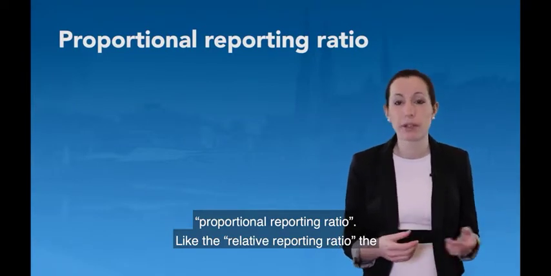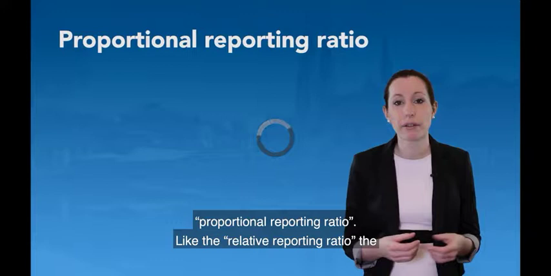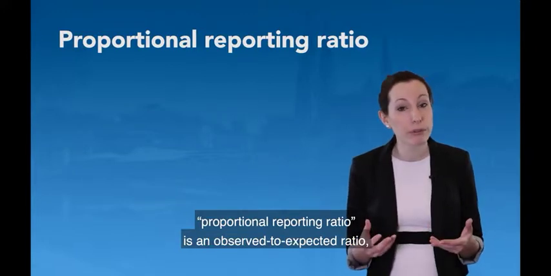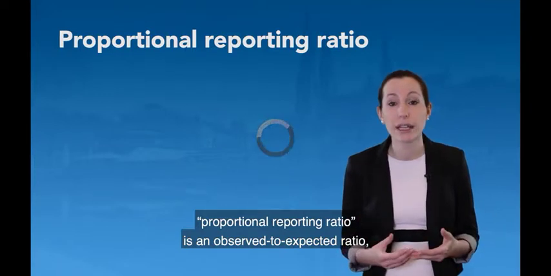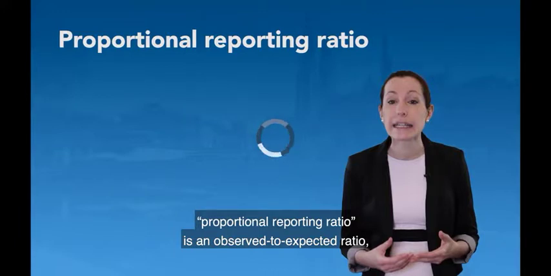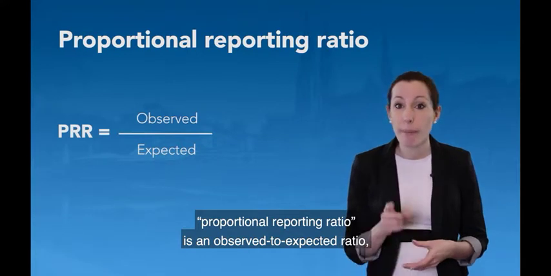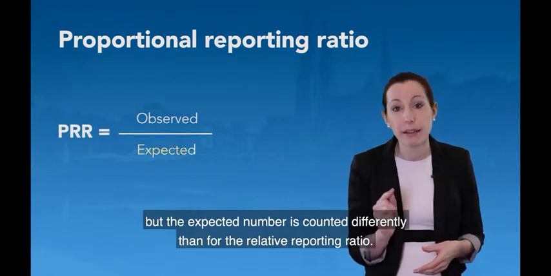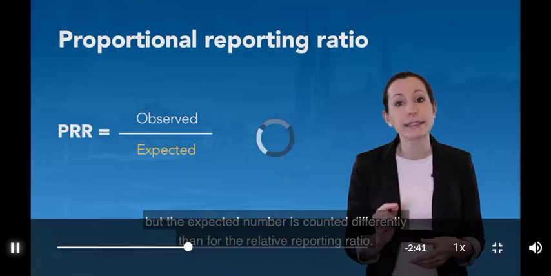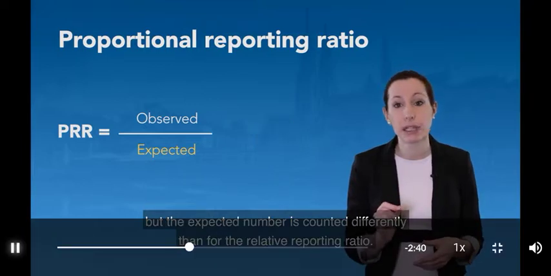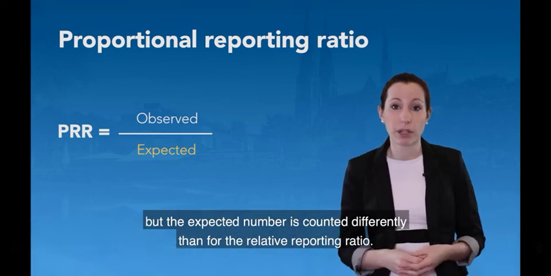Like the relative reporting ratio, the proportional reporting ratio is an observed to expected ratio, but the expected number is counted differently than for the relative reporting ratio.